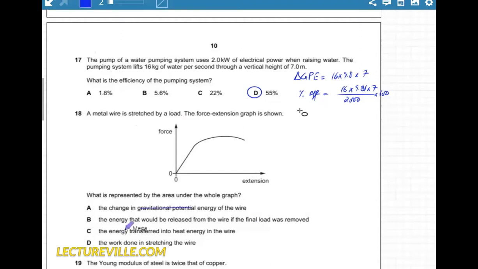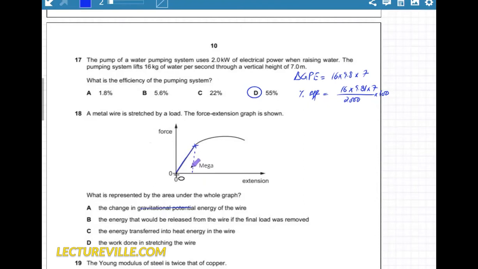The energy that would be released from the wire if the final load was removed, that would be true unless we go beyond the elastic limit. Till then, if we remove the load, it would come back down, so this area would be equal. Work done on stretching something would be the same as work done by that stretched thing when released.